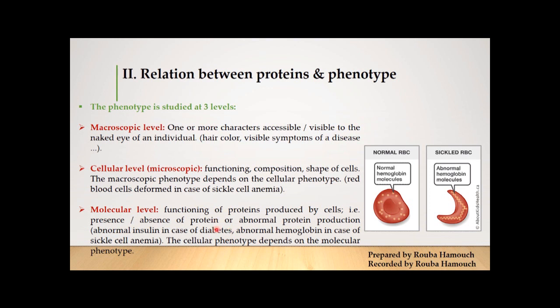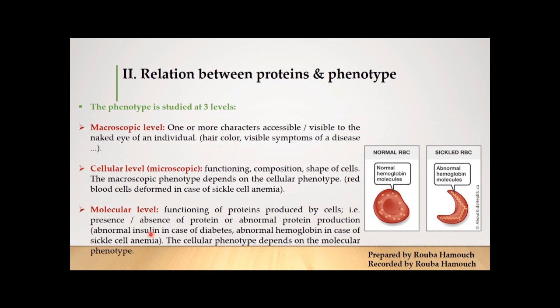This macroscopic level of the phenotype is due to an abnormal production or the absence of production of insulin by the pancreatic cell. Thus, it's the cellular level. The pancreatic cells cannot produce a normal insulin. In the molecular level, in the case of diabetes, diabetes is due to the absence of insulin.